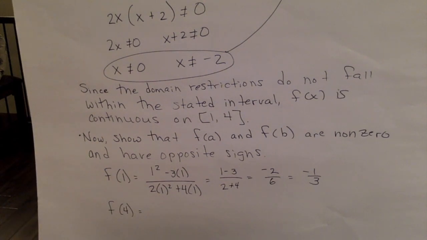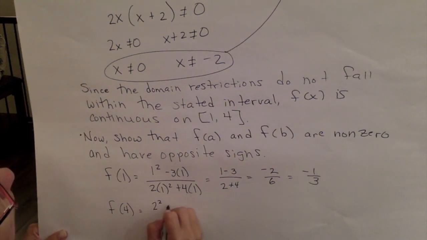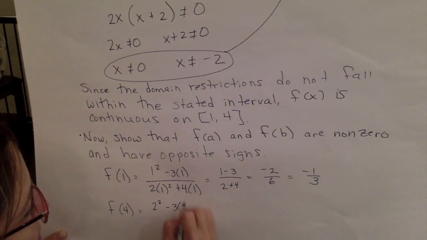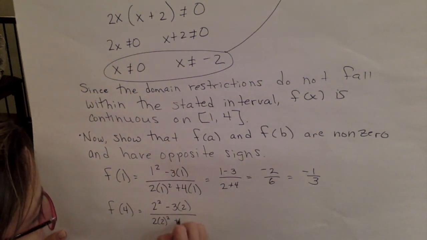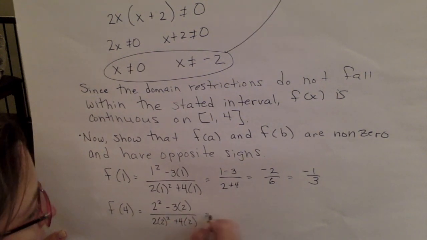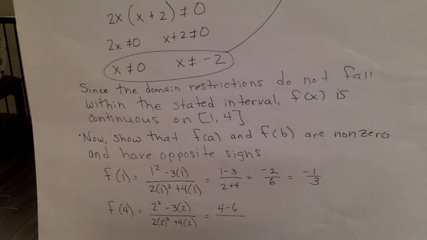Next, f of b, or in our case f of 4, we'll have on top then 2 squared minus 3 times 2 divided by 2 times 2 squared plus 4 times 2, or 4 minus 6. Uh-oh, what's going on here?